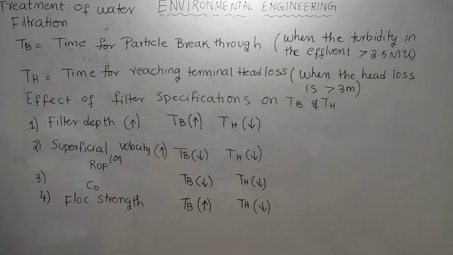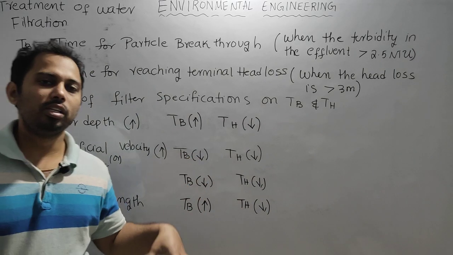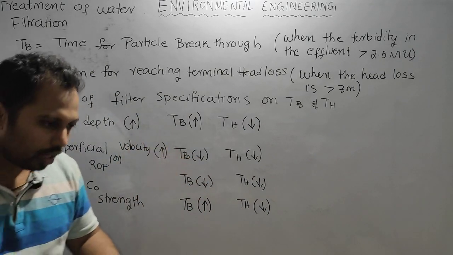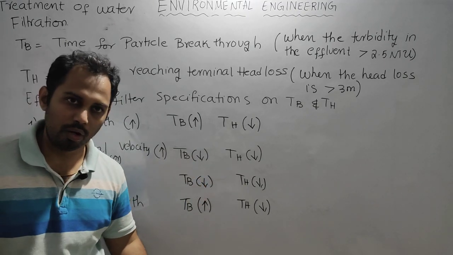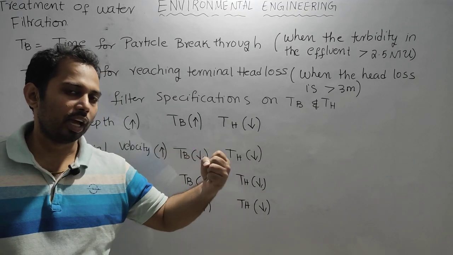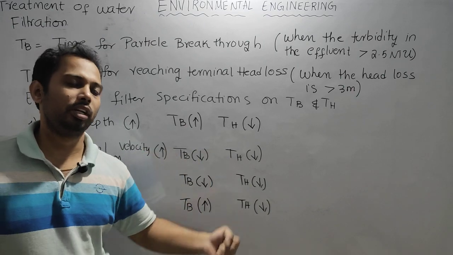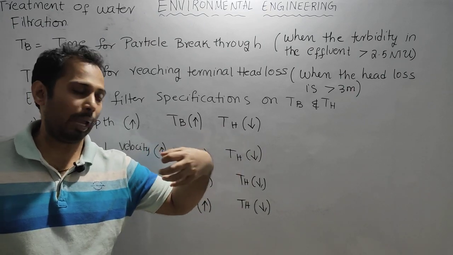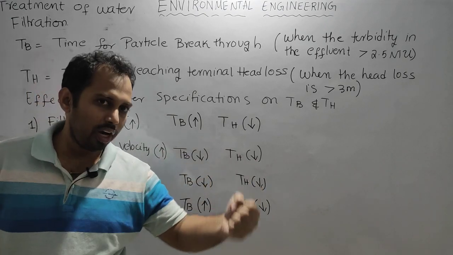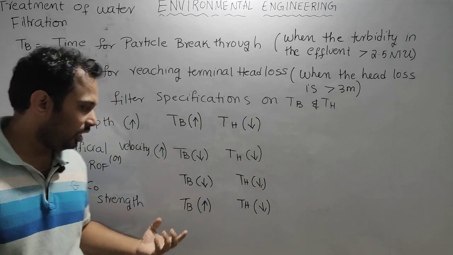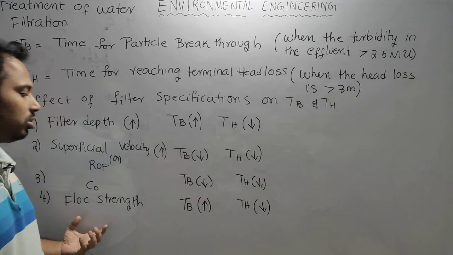Due to the flock present inside the water which is trapped in the filter media, this flock will not easily release the particles into the effluent, because the flock has a gelatinous nature. The particles which are escaping from the filter media can be held by the flock. That is why TB increases when the flock strength is present.